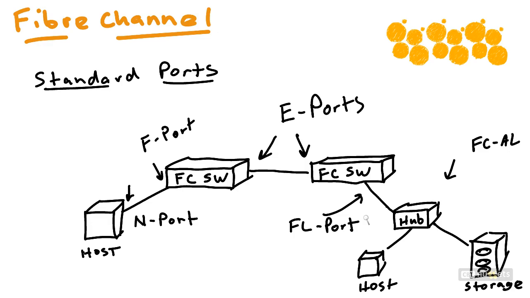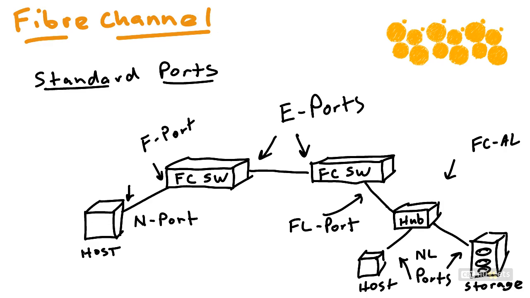Sure enough, the ports that connect to that infrastructure get a special designation, and they are the NL ports. So here we have NL ports. These are node ports, but they are node ports in that special arbitrated loop type of topology that we can have with Fibre Channel.